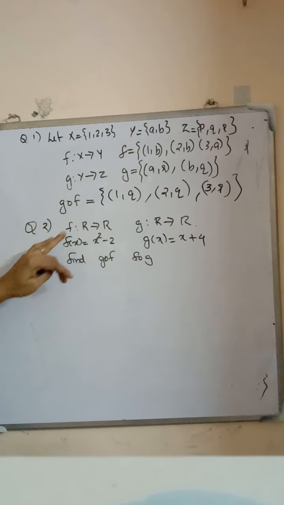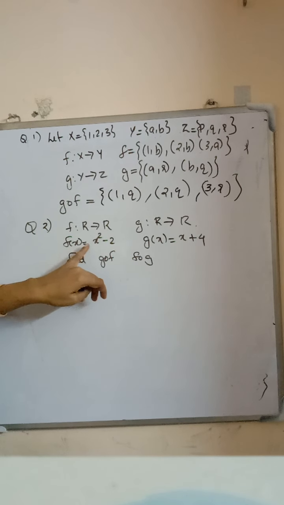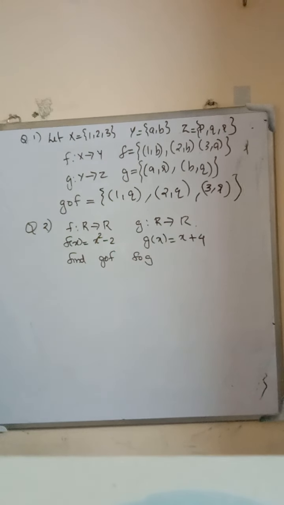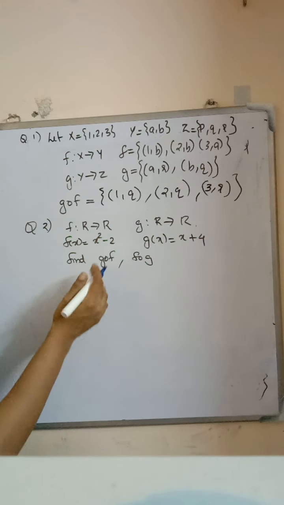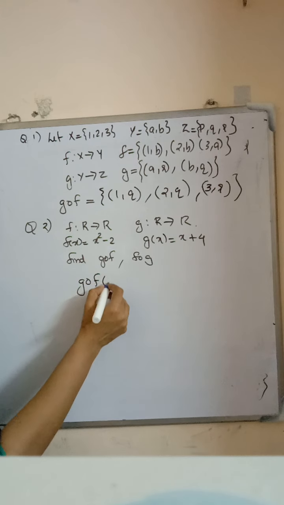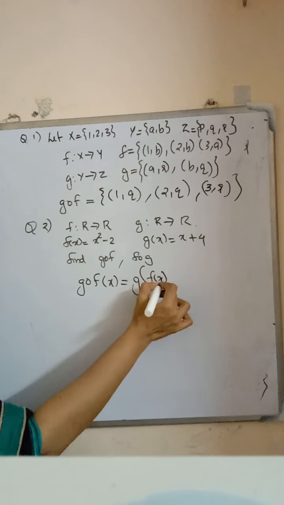Now the next problem. f from R to R and g from R to R are functions defined as f of x equal to x square minus 2 and g of x equal to x plus 4. Then find g composition f and f composition g. First, g composition f of x is defined as g of f of x.